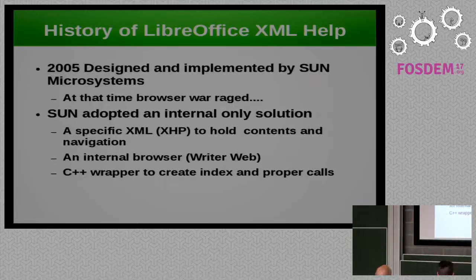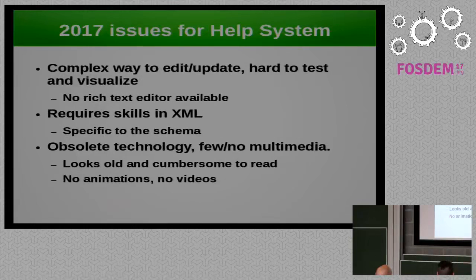Okay. The issue is that now, when you look at 2017, we have a complex way to edit and update, and it is hard to test and visualize the XML that is written for LibreOffice. There is no rich text editor available. So what we have is a help authoring extension that you connect in your Writer document, and then you start writing your text, your help page.